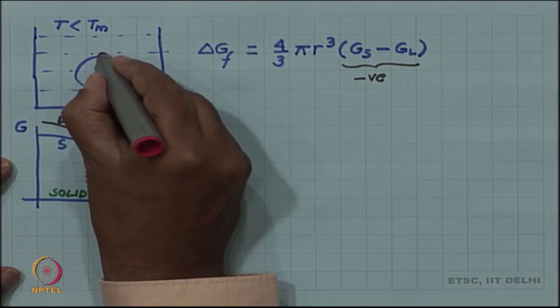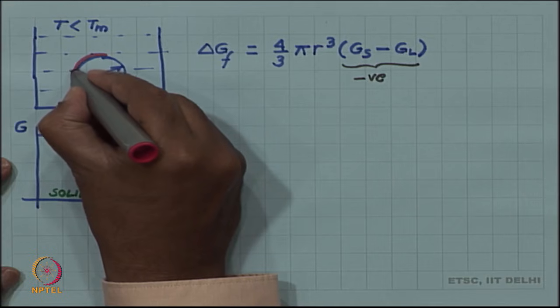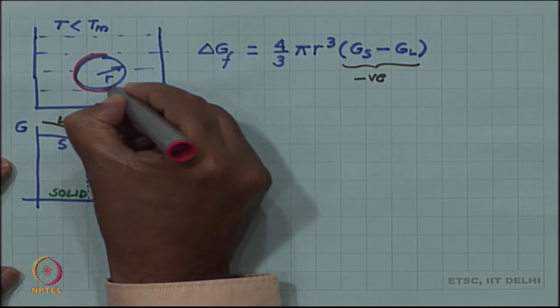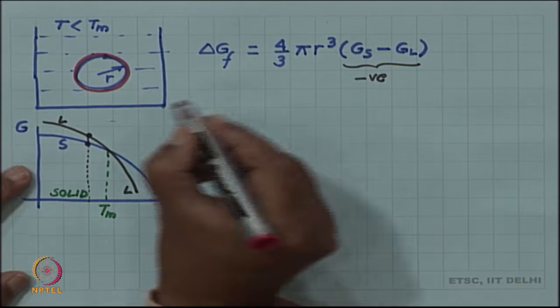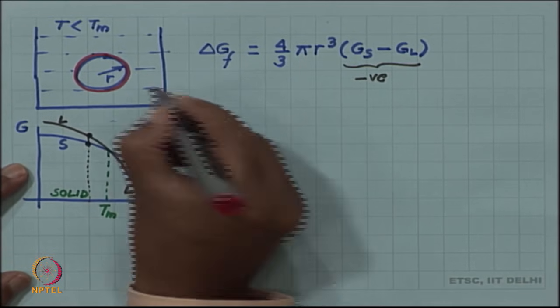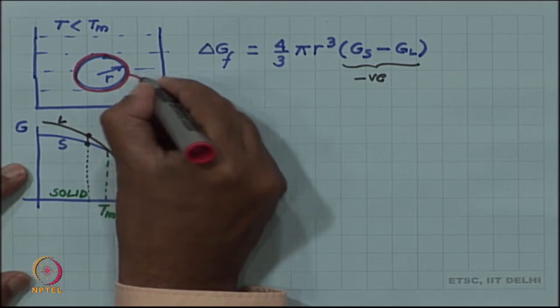Let us see, you cannot create a ball of radius r unless and until you also create what is called a solid liquid interface.